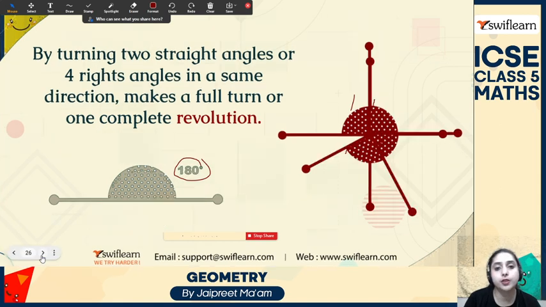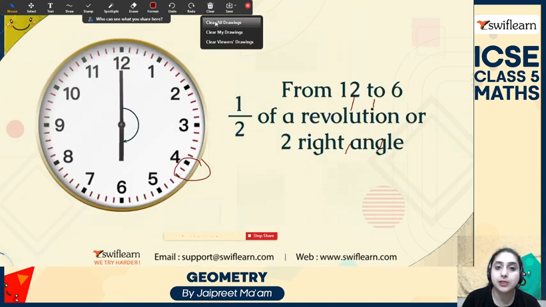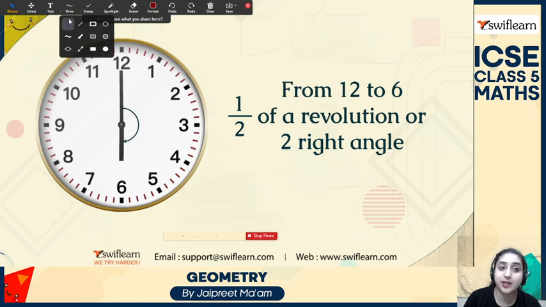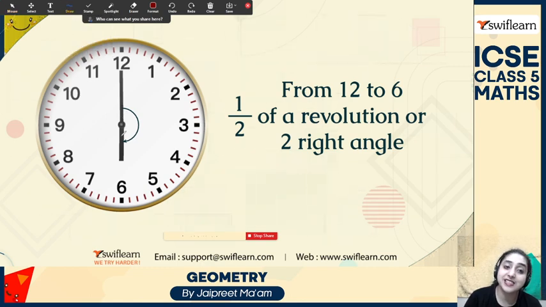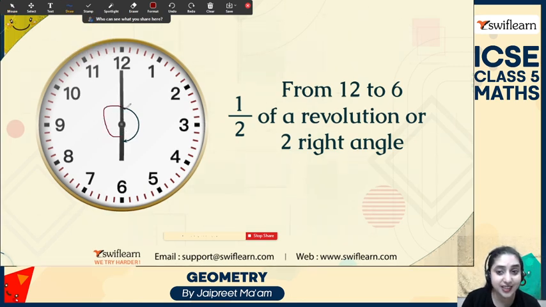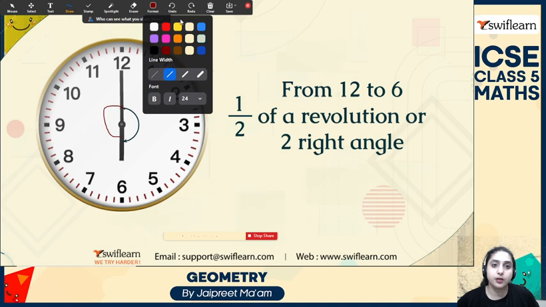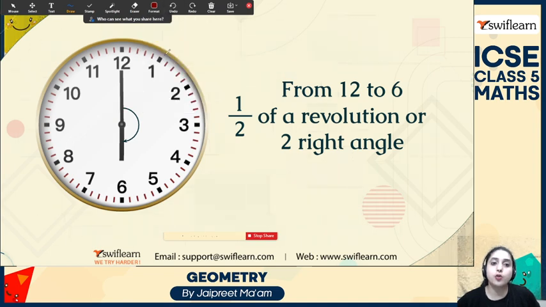Okay, let's move further. From 12 to 6 makes one straight line, then 6 to 12 makes another straight line. So it is equal to half a revolution. So we will first talk about only 6 to 12. It makes half of a revolution and 2 right angles, right? How 2 right angles? Like this, one angle here and one angle here.